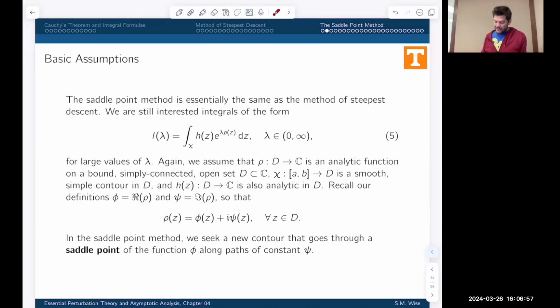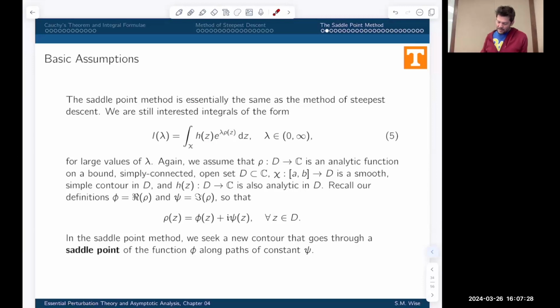So we have h being an analytic function, rho being an analytic function. That means it has a complex derivative, and therefore it has an infinite number of complex derivatives in a certain set. If that's true, then the whole integrand is going to be complex analytic in any set that we choose. So there's no problems there.